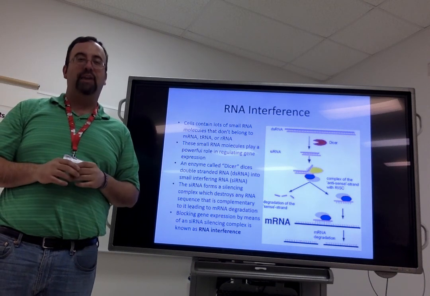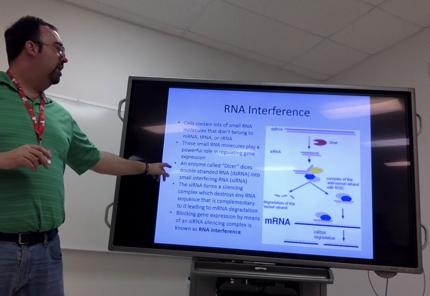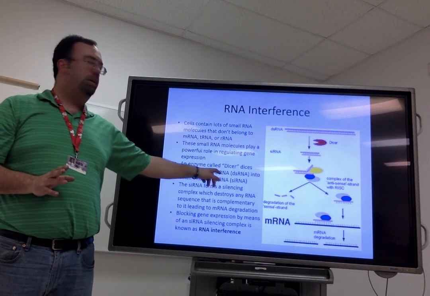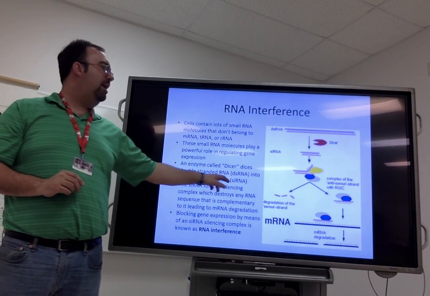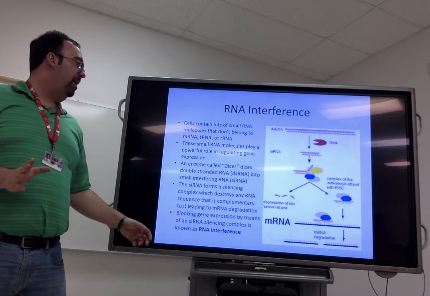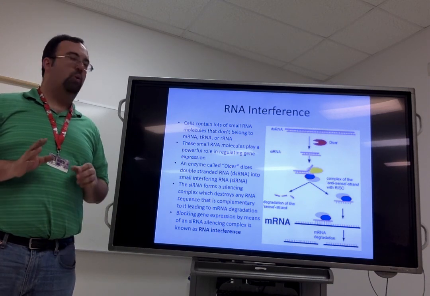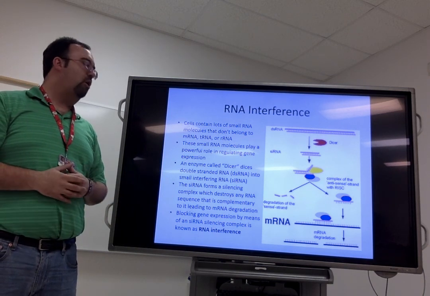There's a specific enzyme known commonly as dicer, and so it will dice double-stranded RNA, dsRNA, into small interfering RNA, siRNA. Once this siRNA is made, it will then form a silencing complex which will destroy any RNA sequence that is complementary to it, which will lead to mRNA degradation.